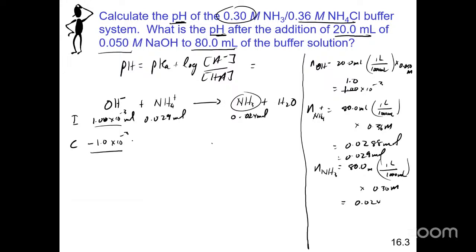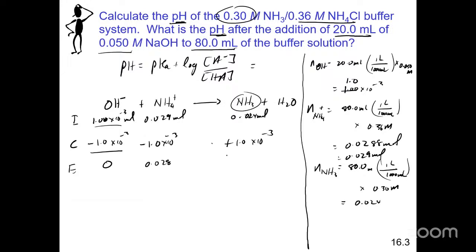So therefore, the change as far as the ammonium is concerned would be minus 1.0 times 10 to the minus 3. And the change as far as the ammonia is concerned is plus 1.0 times 10 to the minus 3. All right? And then we calculate what happens at the end of the reaction. So obviously this will be 0. And then as far as the ammonium is concerned, that will be 0.029 minus 1 times 10 to the minus 3, and that would be 0.028.